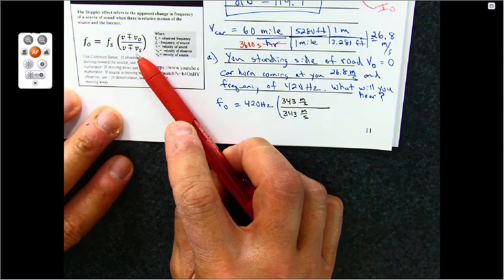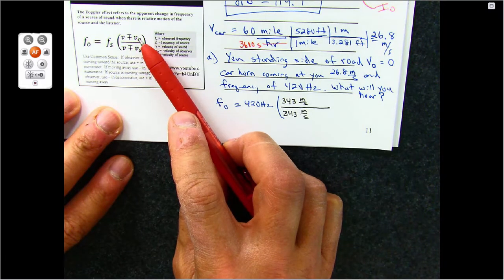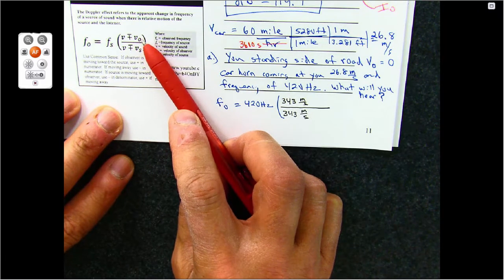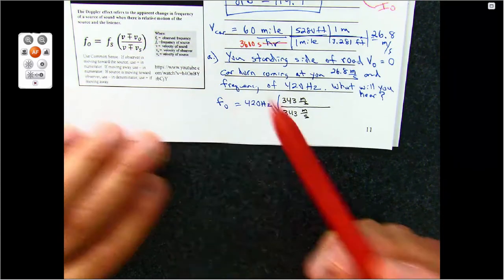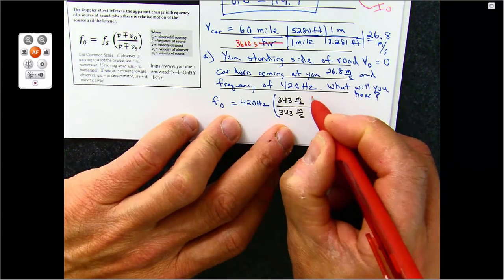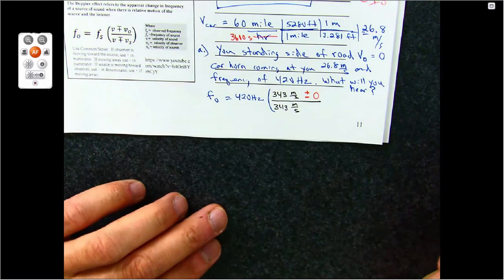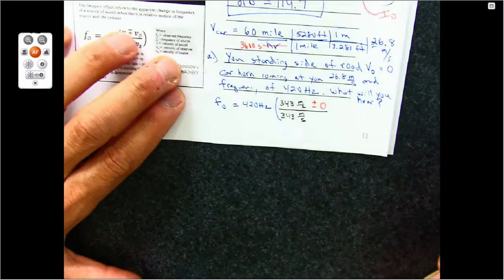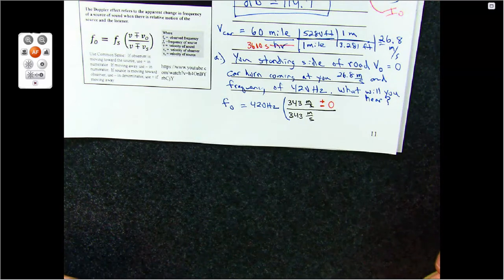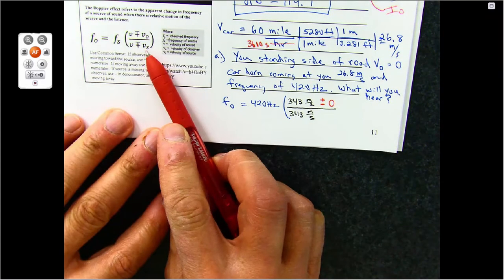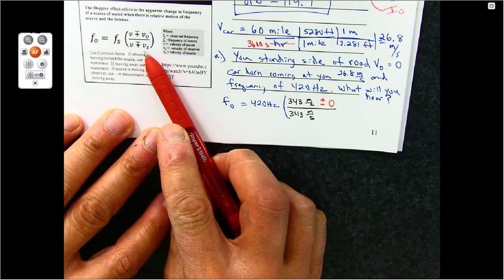Now, is our observer moving? No. So for this, we're not adding anything, we're going to have a 0 there. Our observer's not moving. Now here's the common sense part. Our source is moving at 26.8.